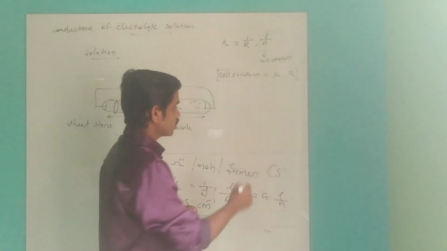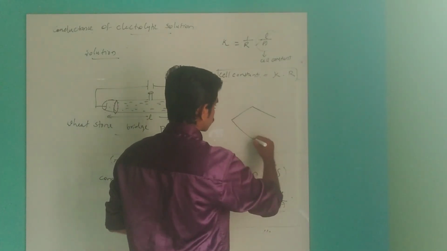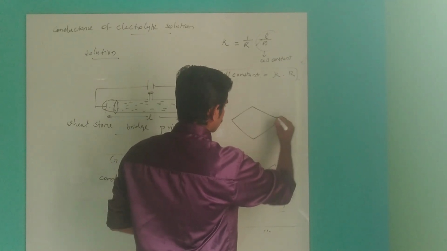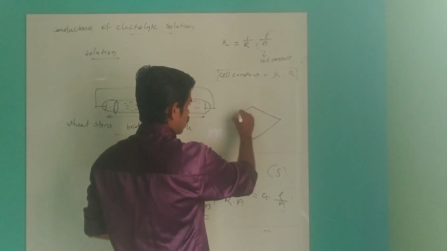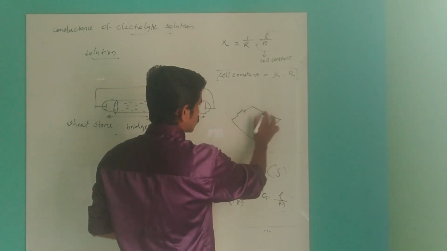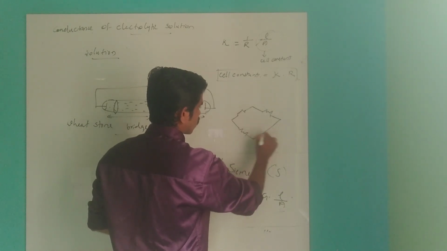It consists of four resistors: one, two, three, and four.